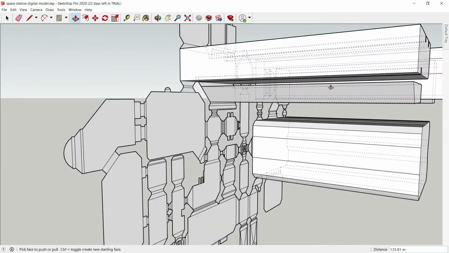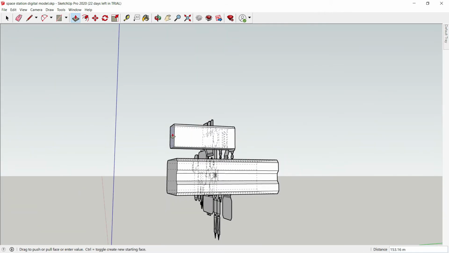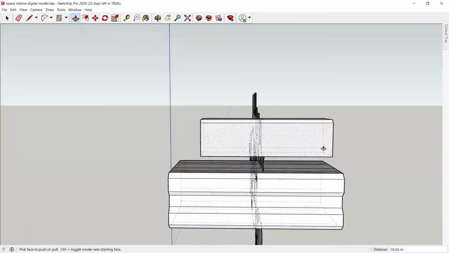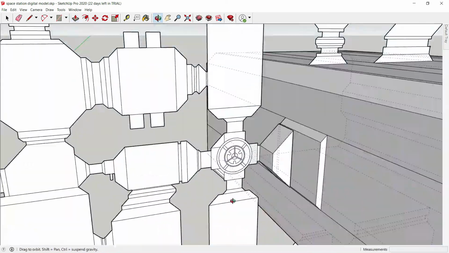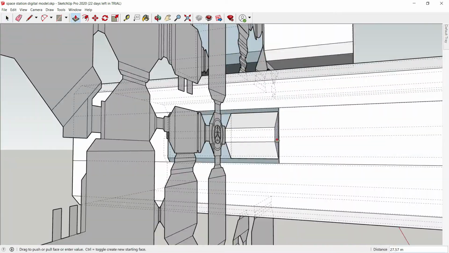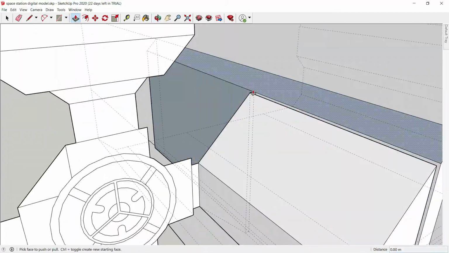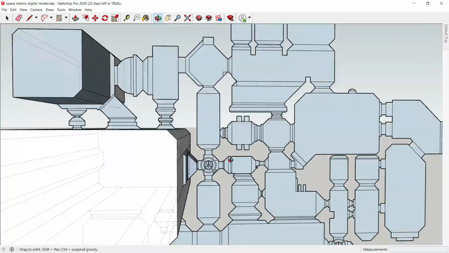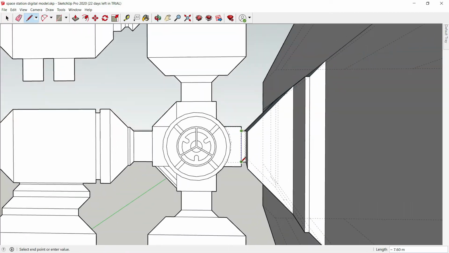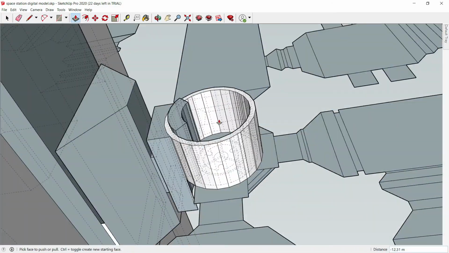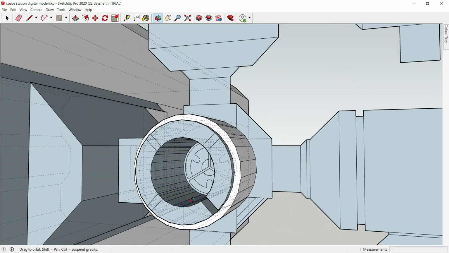That is basically the process I use throughout this whole thing, because it made it so much easier. If I had to draw every line individually, it would take eternity and I'd never be able to build the thing in Minecraft. So I'm glad that this is a tool.